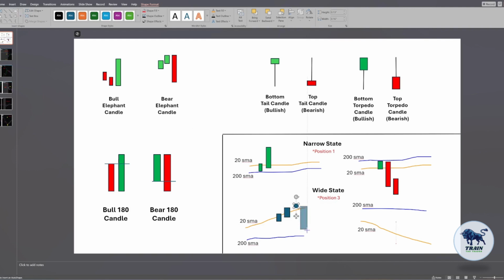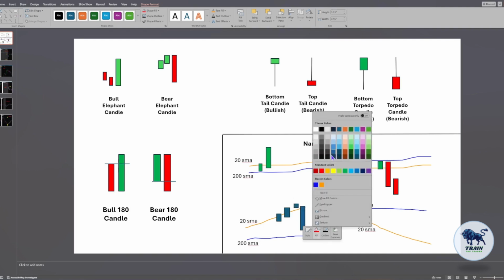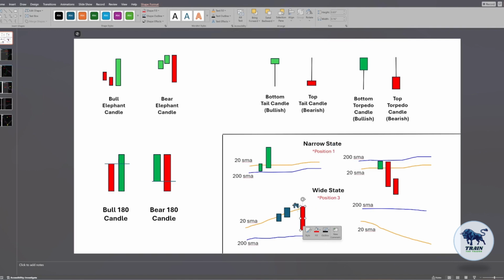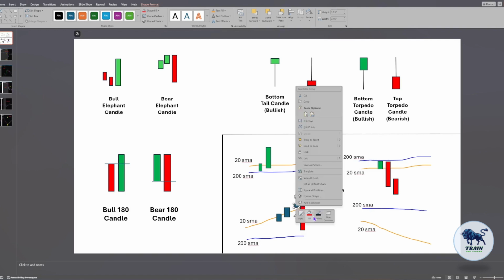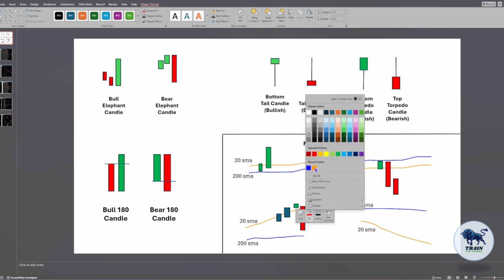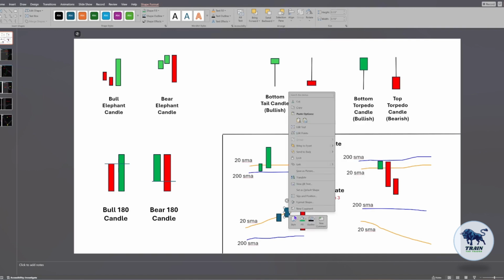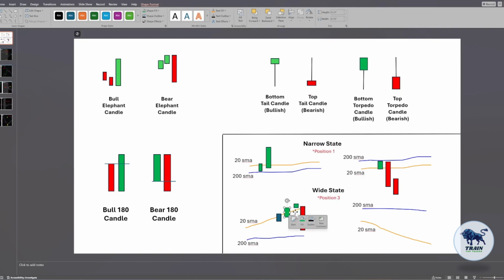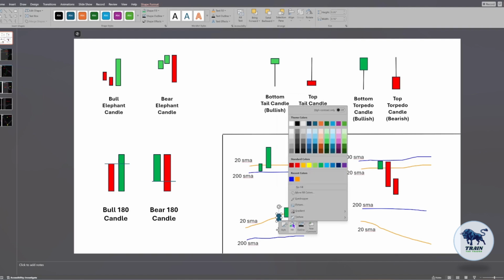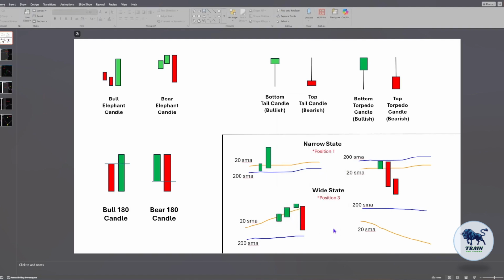Elephant candle. A put play. Y'all feeling me? Elephant candle from position 3, the wide state.